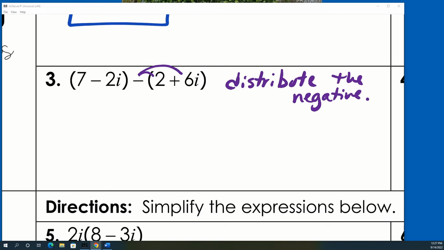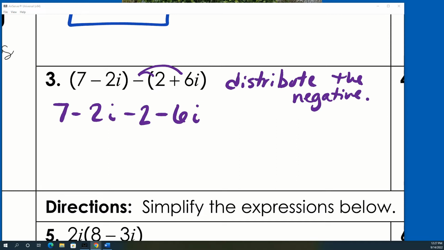So what's in front of the minus, we're not going to change. We're just going to leave that 7 minus 2i. But then what's after the minus sign, we would change both of those signs. So we would make it minus 2 minus 6i. That way you make sure you subtract both of the terms.